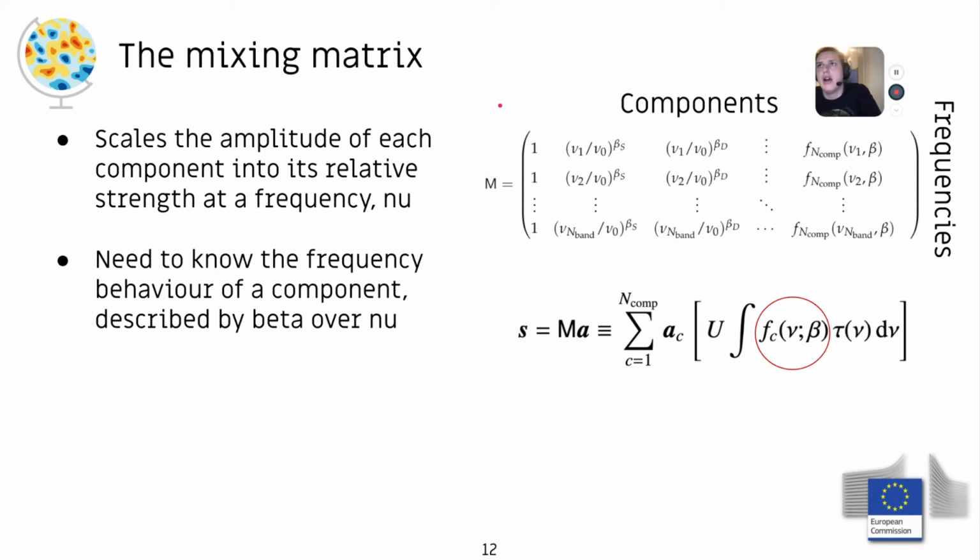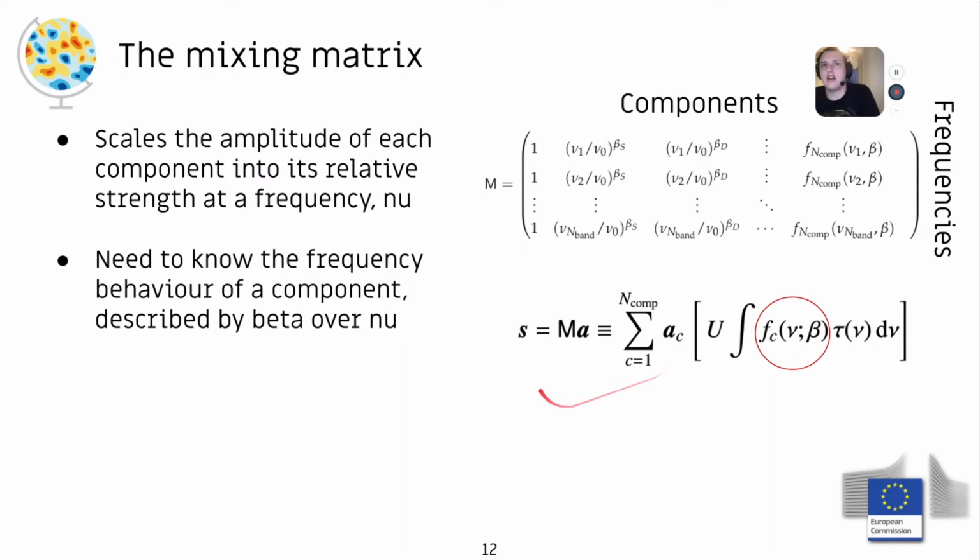So along the columns here, we see all of the different functions that we defined on the last slide. So it scales the amplitude of each of the components into its relative strength at a frequency nu. So that's nu 1, nu 2, and nu n band. So these nus are the different frequencies, and this is the easiest way to represent the mixing matrix.